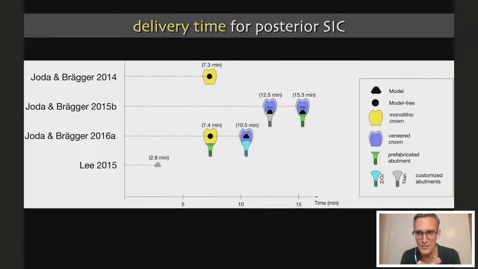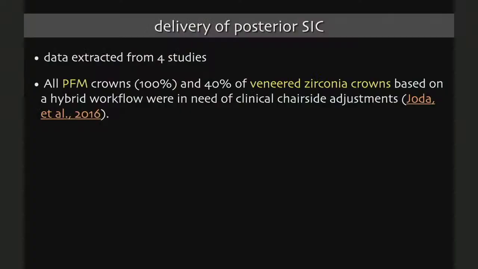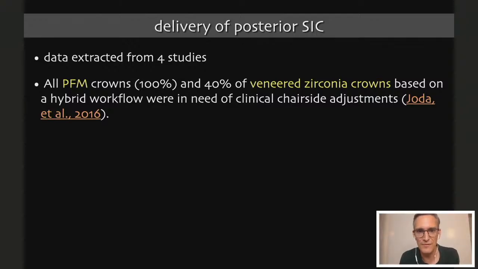But again, as I was saying at the beginning, this is not specific to the digital workflow. In these studies, those crowns were fabricated by means of a digital workflow. And there are 4 other studies. Again, with PFM, the conventional implant crown, they saw that each of these crowns needed adjustments.